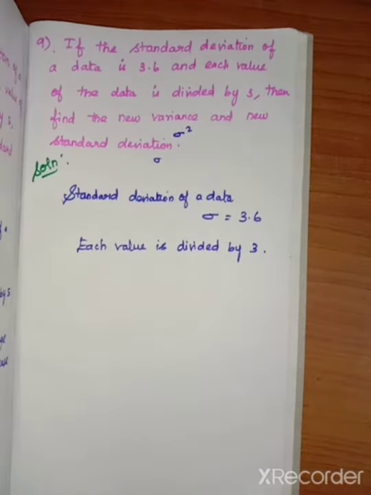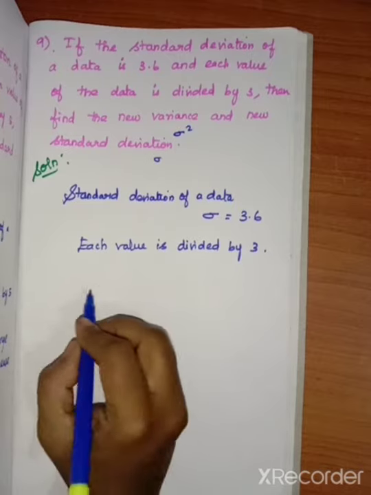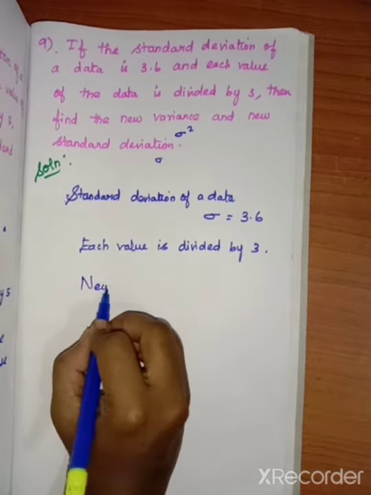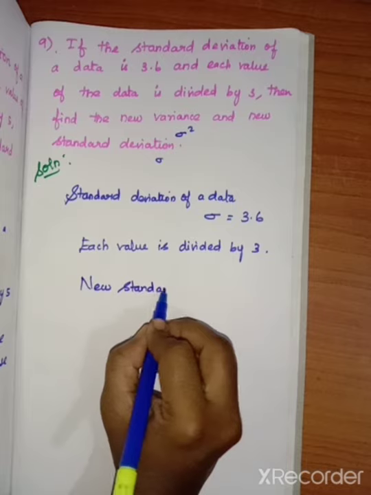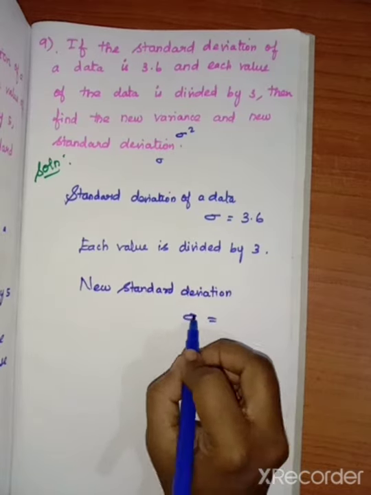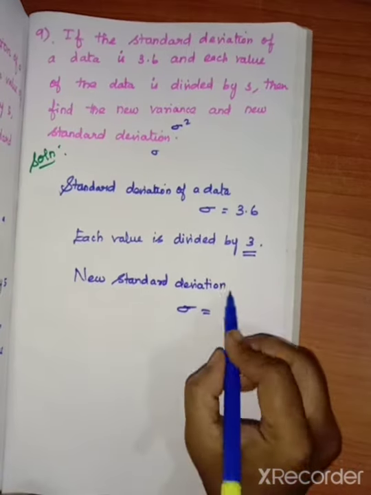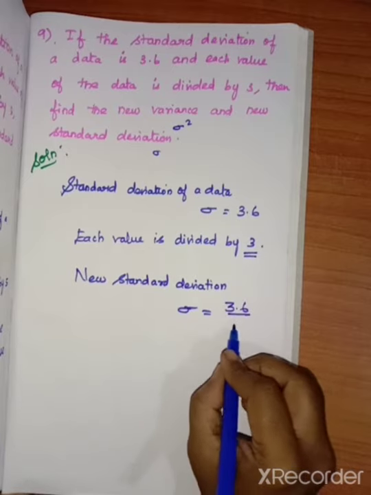For multiplication, I told that if you multiply the standard deviation, we get the new standard deviation. Likewise, here we have a division. So if you divide the standard deviation, we get the new standard deviation. So the new standard deviation sigma equals the old standard deviation divided by 3, that is 3.6 divided by 3.